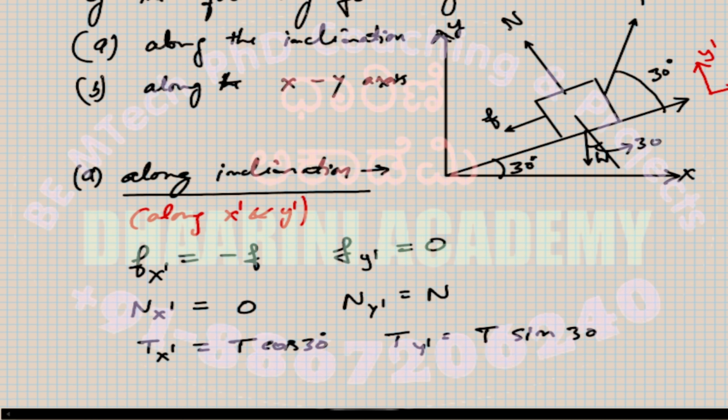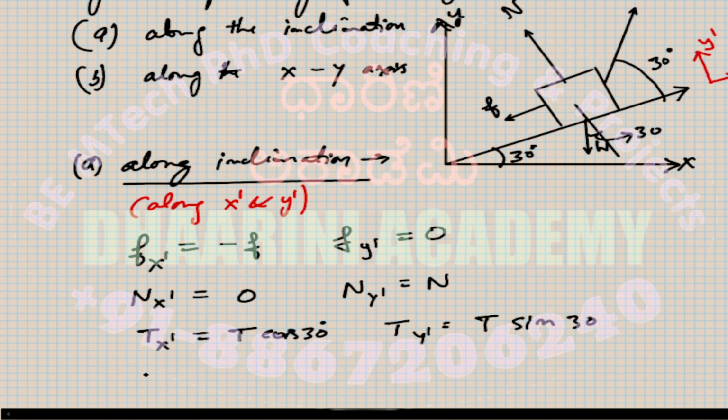Okay, let us write that. W along x dash is equal to minus W sin 30 degrees. And W along y dash is again negative, minus W cos 30 degrees.